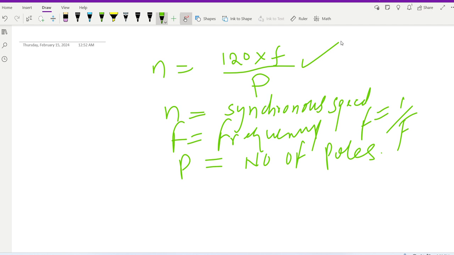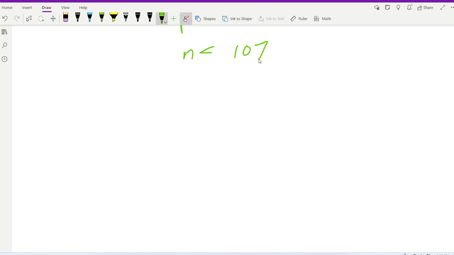Now the speed here is 107 rpm, revolutions per minute. So speed is also given.